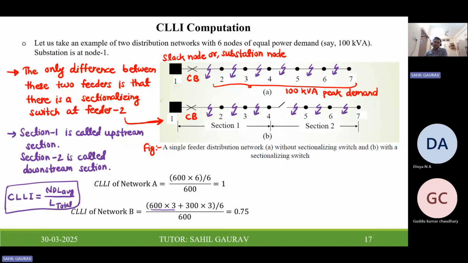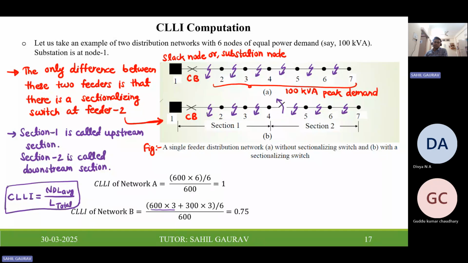After the sectionalizing switch, only 300 kVA load demand is interrupted, because we can open this normally closed switch. The load at node 2, node 3, and node 4 will still be supplied, even if the fault or contingency happens beyond this sectionalizing switch.